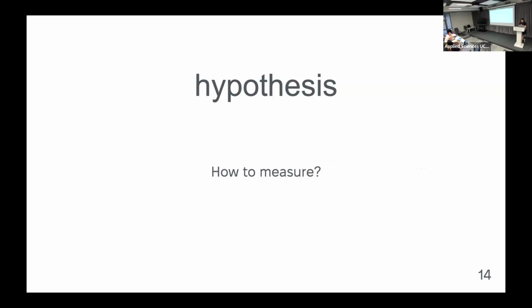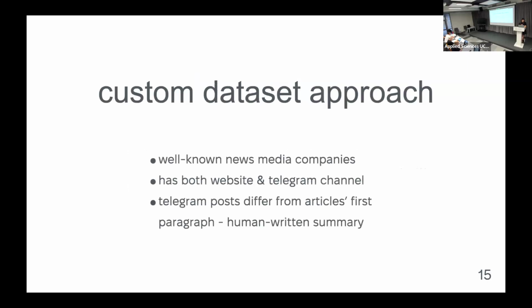However, then there was a problem with how to measure this, because measuring the quality of summarization is a difficult task itself. And it will be addressed later, but for now I will describe the approach of creating custom datasets.